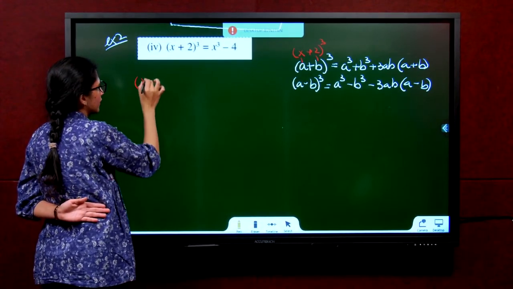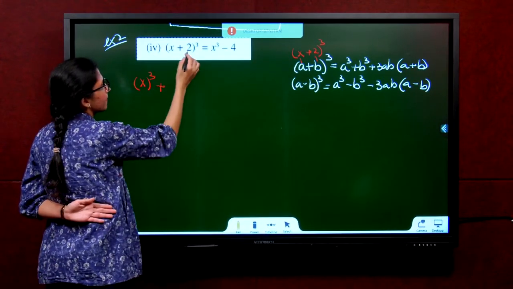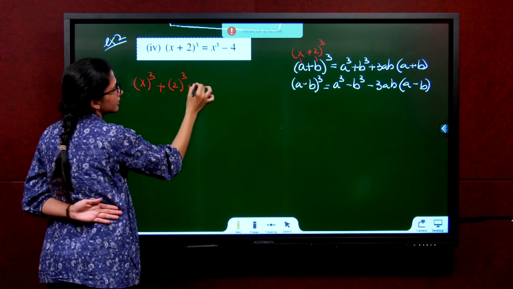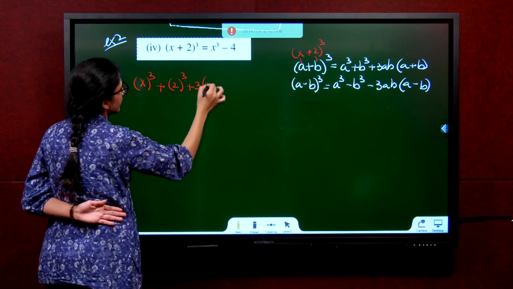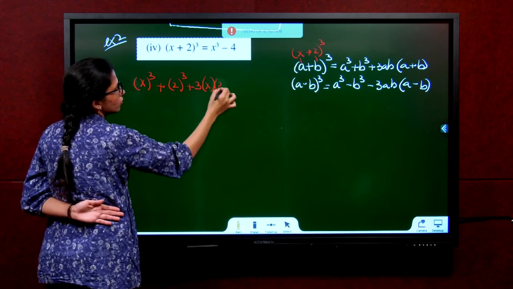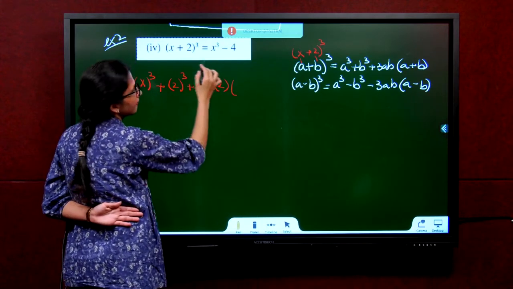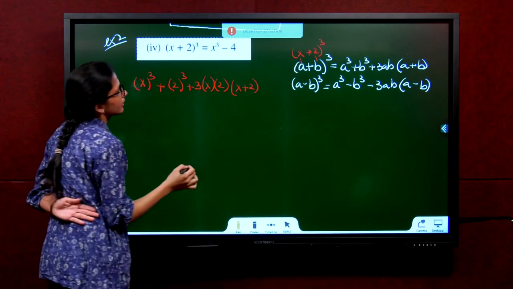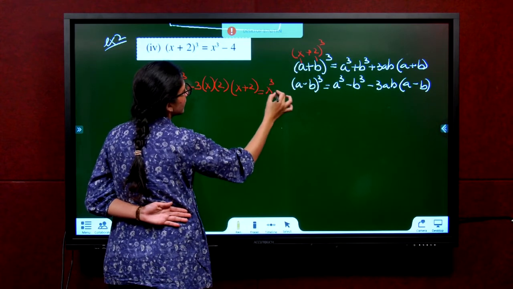So A cube, here it's nothing but x cube, plus B cube, so 2 cube, plus 3 into A into B. A is here x, B is 2, into A plus B, x plus 2, is equal to x cube minus 4.